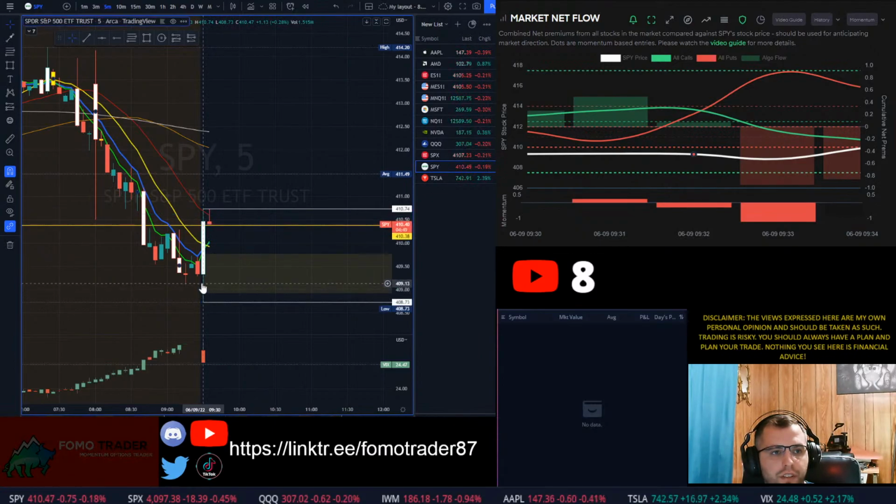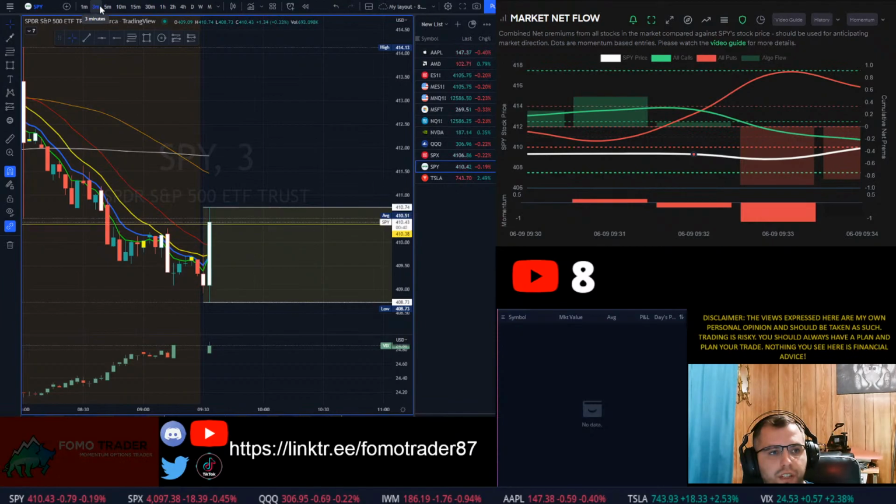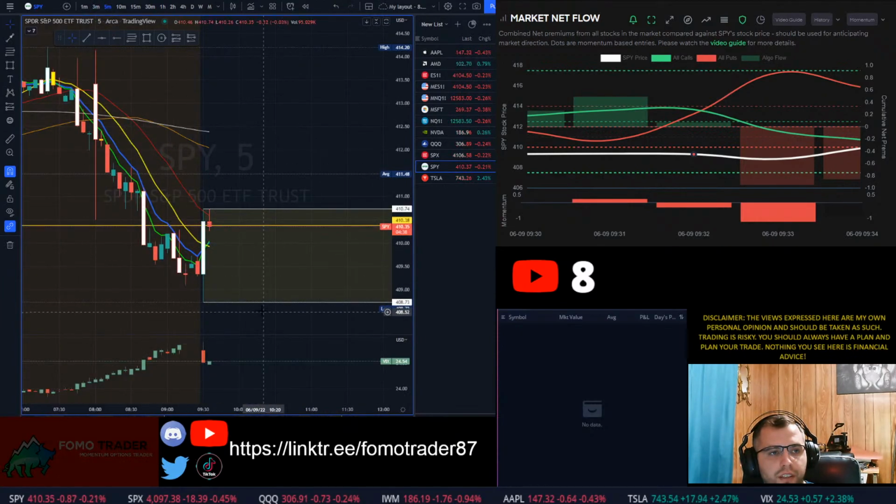So we're going to adjust our ORB now to the 5-minute range, because if we go back to the 3, we can see that we're wicking right back down.